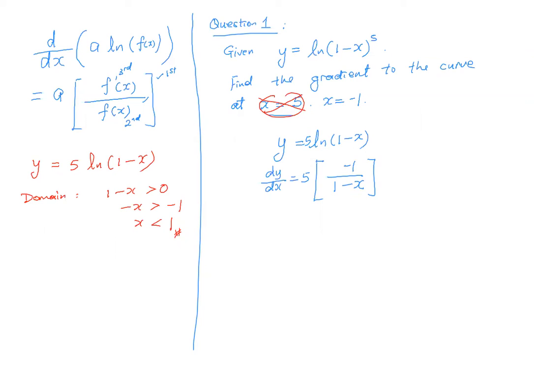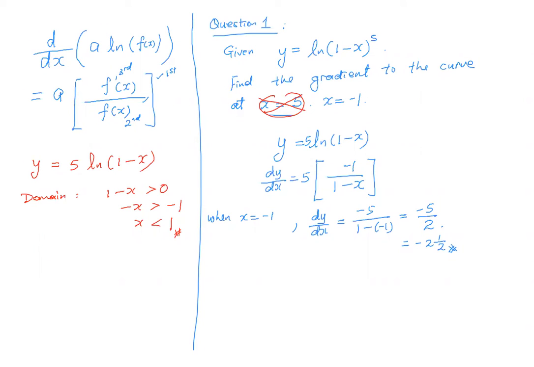So next step, I must say when x equal to -1. So I got my dy/dx equal to -5/(1 minus -1). So the answer is -5/2. So it's good to write as -2.5.